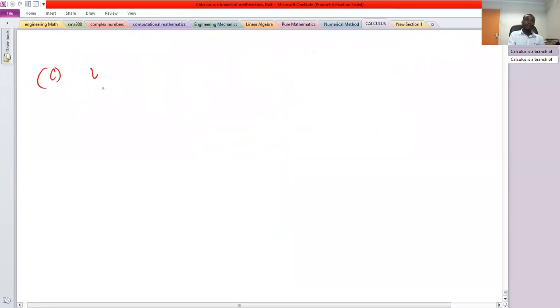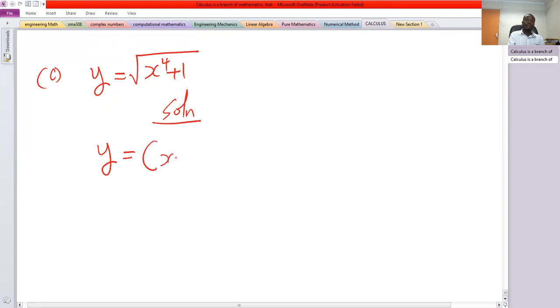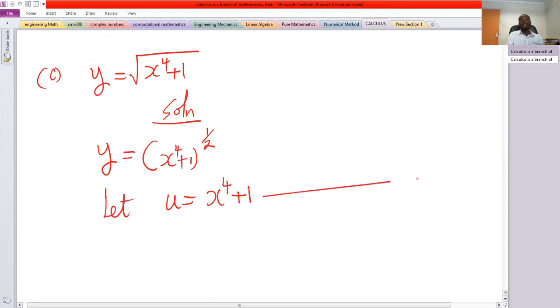And then C, function is y equals square root of x power 4 plus 1. For solution, note that this can be written as x power 4 plus 1 raised to a half. So we let u be the expression inside the bracket, call this one 1.